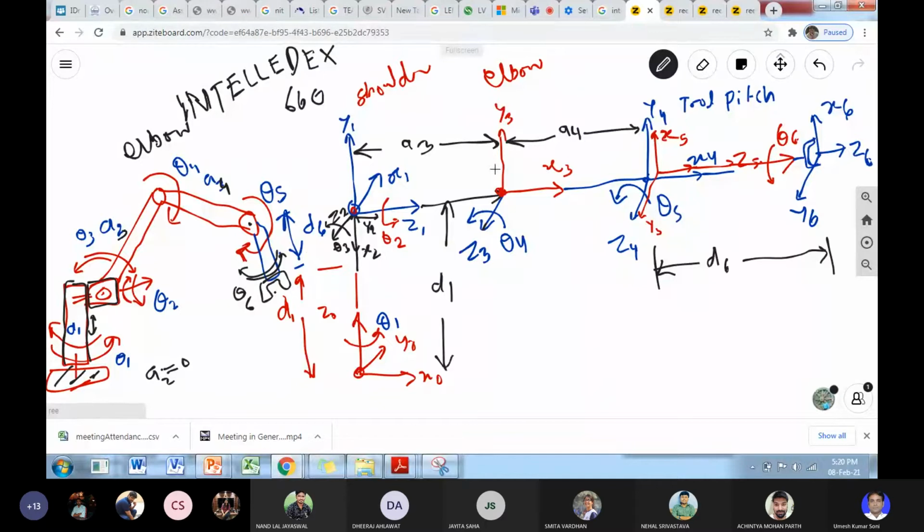This whole assembly is also rotating with angle theta 5 related to z4. Now you can see here, because the whole assembly is rotating at the same point, another set of axes is available, which is x5, y5, and z5.